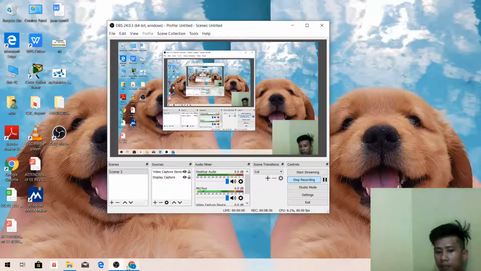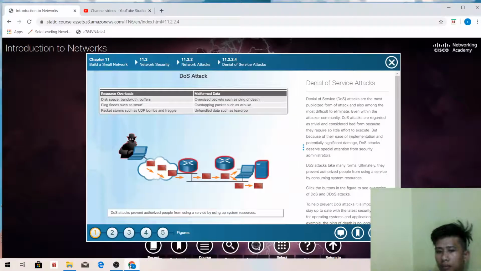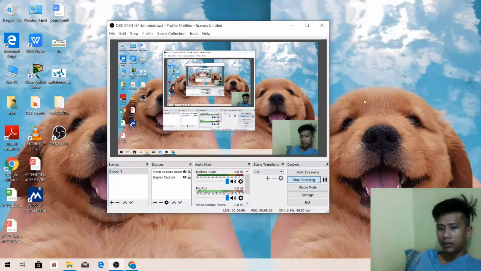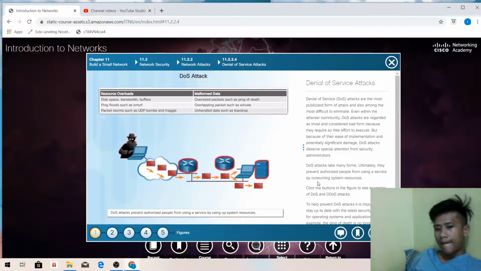And then the denial of service attacks are the most publicized form of attack and also among the most difficult to eliminate.